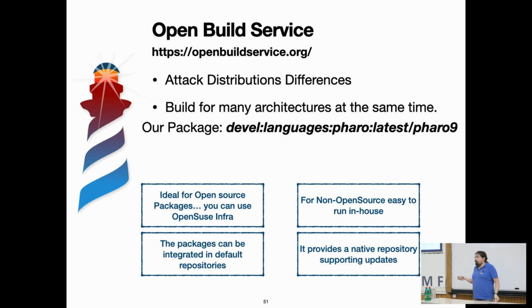Well, you will have to provide the hardware to run it, but you can run it and generate the same package or different packages, let's say, for each of the distributions.